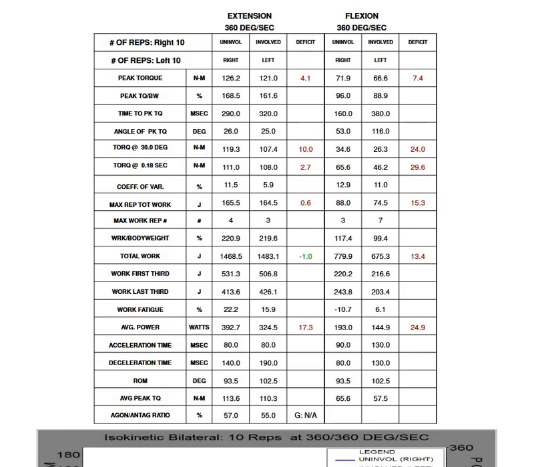So in this case the work that we are referring to, for example here with max repetition total work, is measured by multiplying the torque that is produced by the athlete by the angular displacement that is achieved. That is the range of motion effectively down here, and the torque that is produced here.